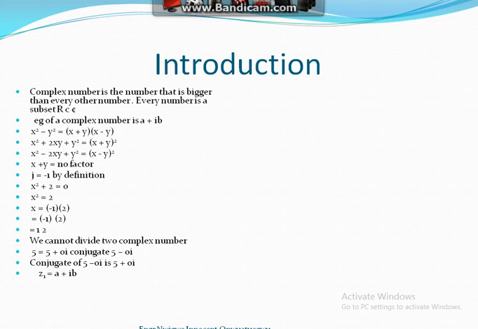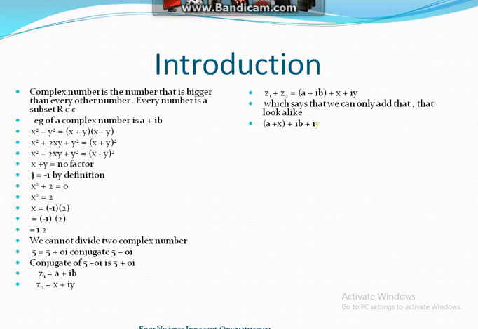Assuming z1 is equal to a plus ib, and z2 is equal to x plus iy. z1 plus z2 is, in bracket, a plus ib plus x plus iy. We say that we can only add like terms.